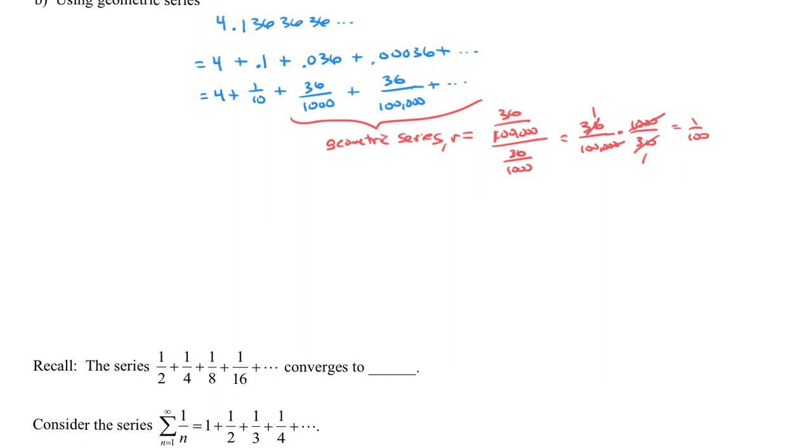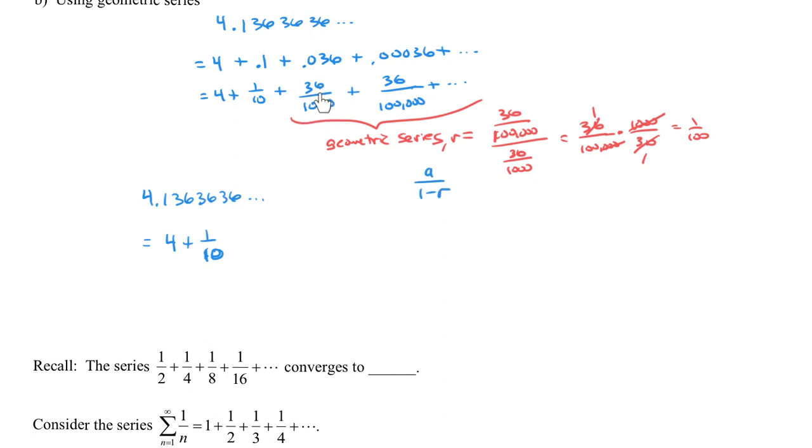So let's see what we have then. That means that 4.1363636... is going to be equal to 4 plus 1/10. And now what we'll do is we'll use our formula, a over 1 minus r, and we'll start right here.